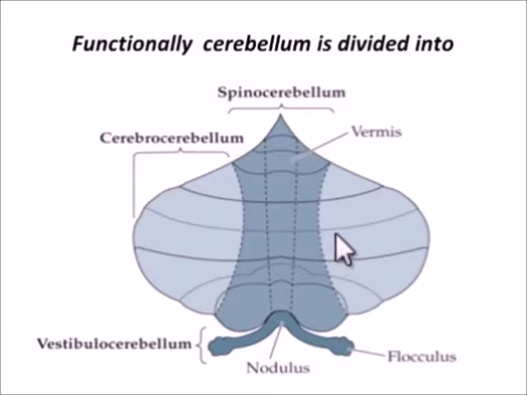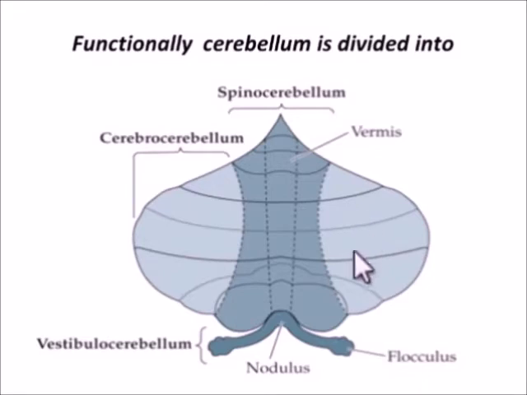The area which is lateral to the paravermis is called the cerebrocerebellum because it receives tracts from the cerebral cortex and sends tracts to the cerebral cortex. So its connections are mainly with the cerebral cortex.